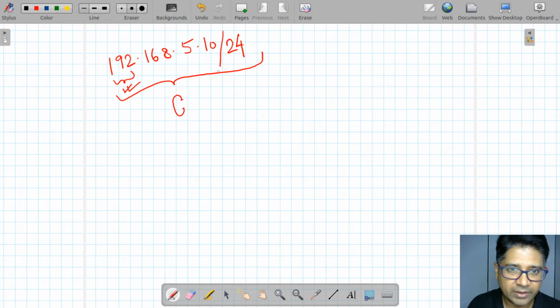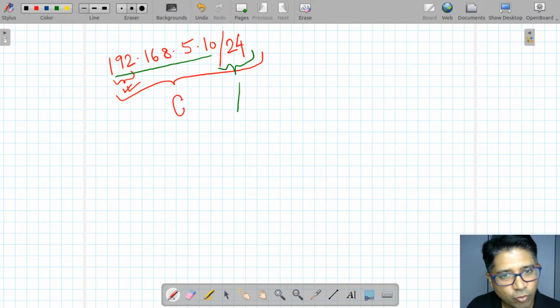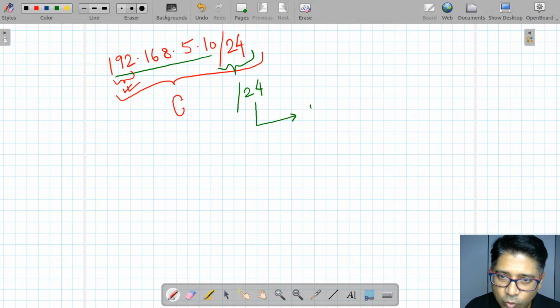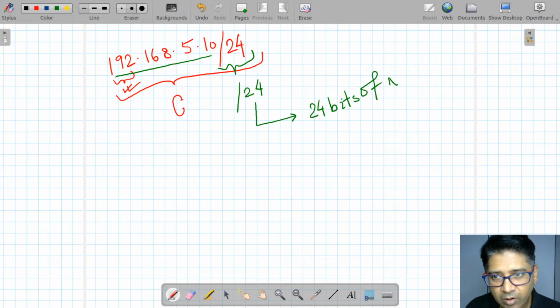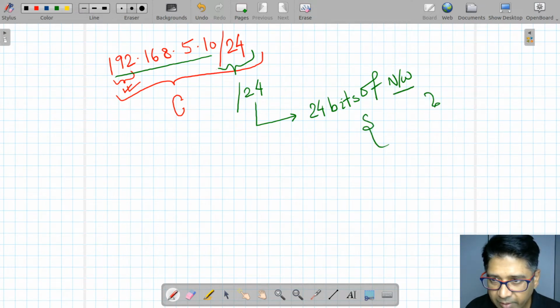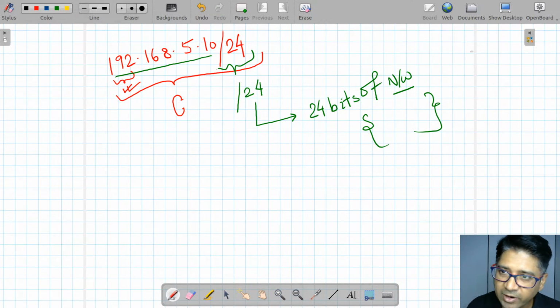/24? You can see this part is the IP, we understand. What is the meaning of this /24? The meaning is that 24 bits belong to the network.